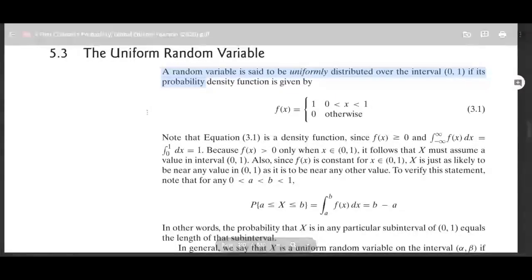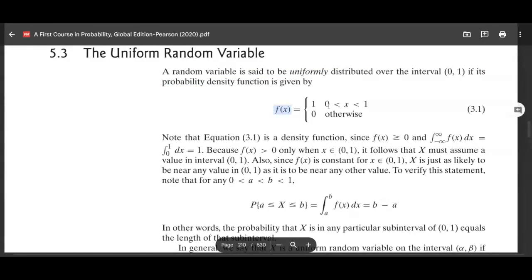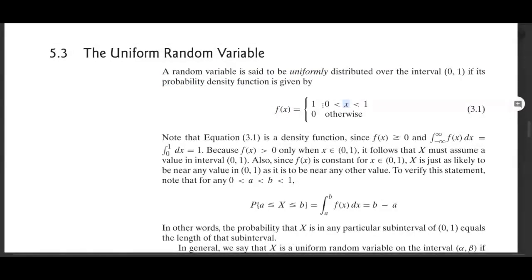A random variable is said to be uniformly distributed over the interval from 0 to 1 if its probability density function is given by this. So when x runs from 0 to 1, it's 1, a constant function, horizontal line, 0 otherwise.